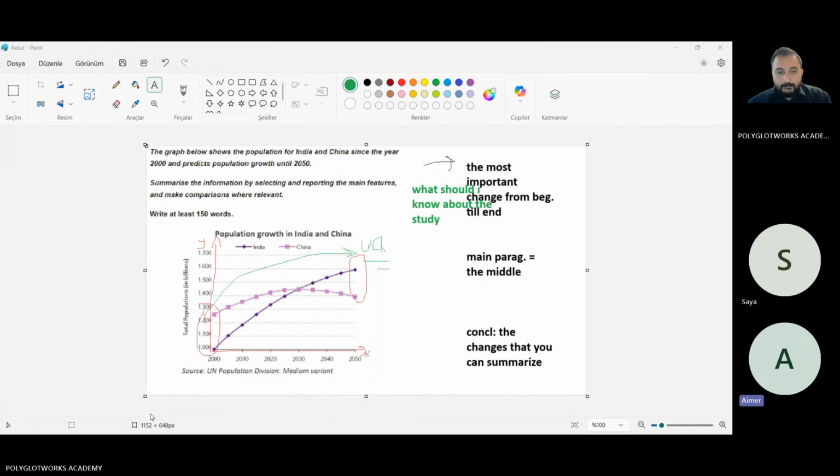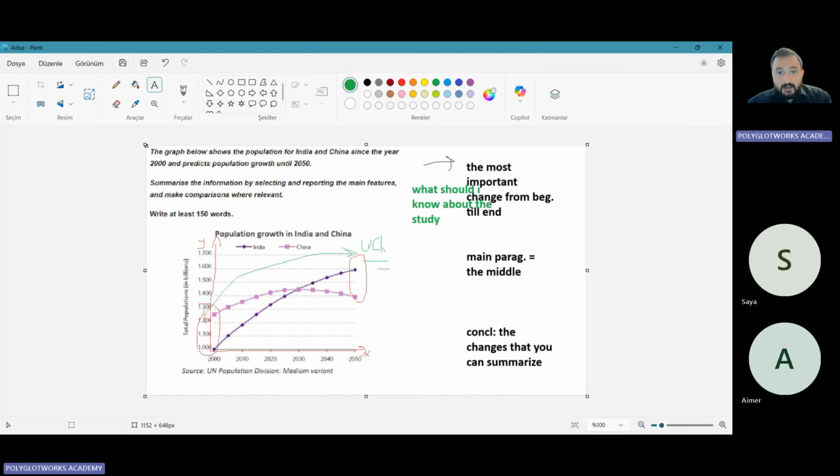I don't know how to correct this. For example, let's see. Where is my example? Where is my screen? Okay, I can see. From beginning to end, or okay, I will make it easier for you.